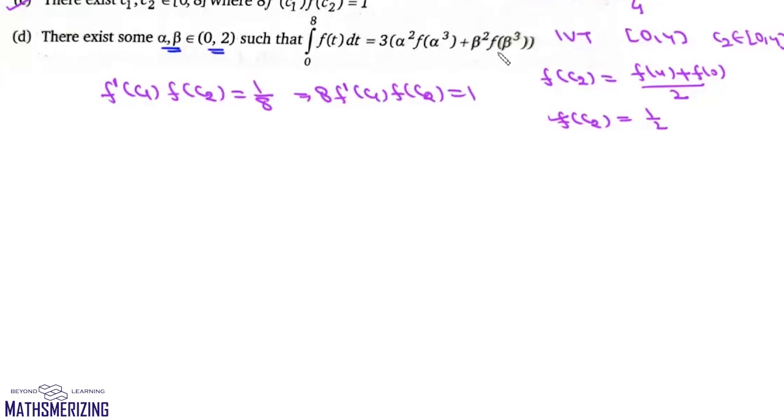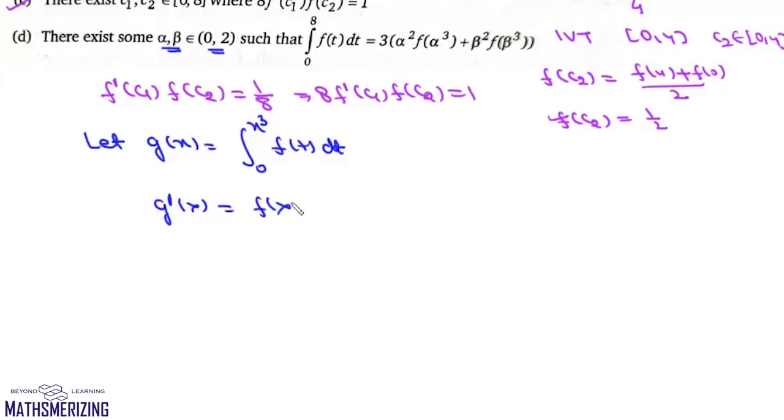Now here what we'll do is we'll assume a function g(x), which is this integral from 0 to x cube of f(t) dt. Now if we find g'(x) it will be f(x cube) into 3x square.